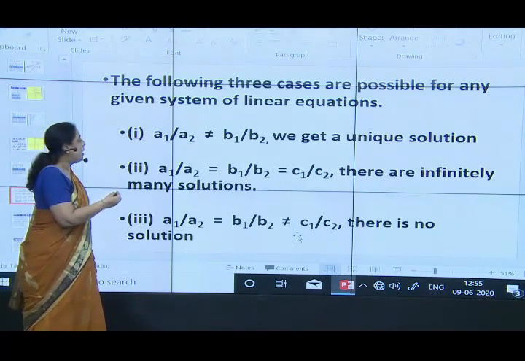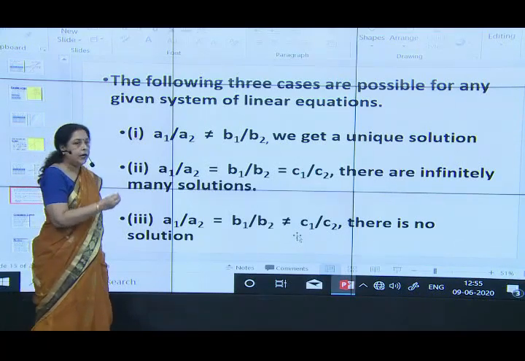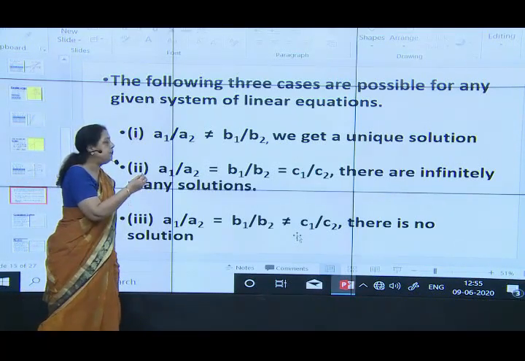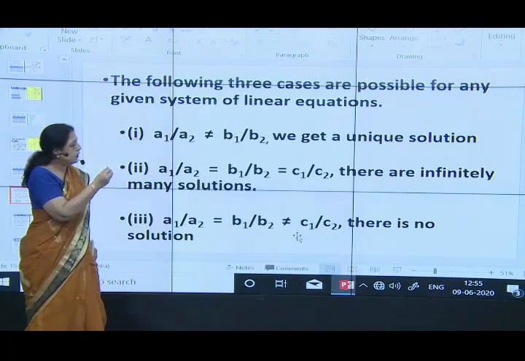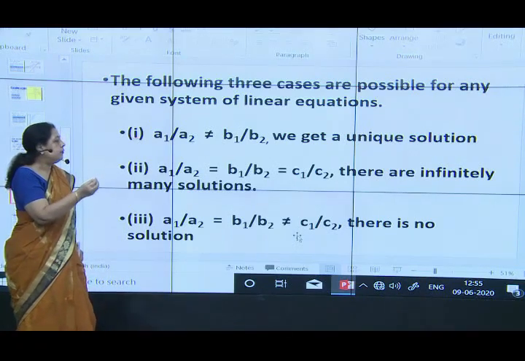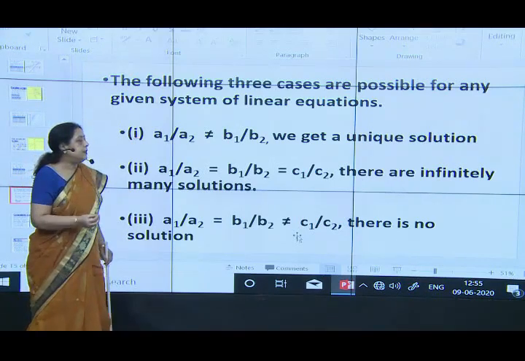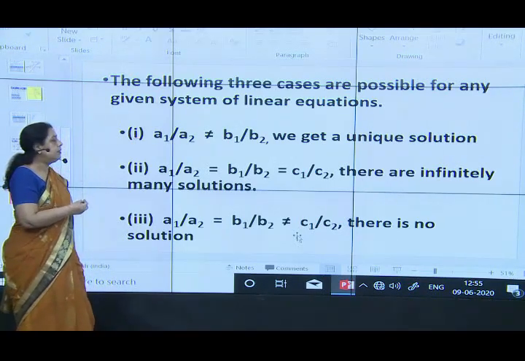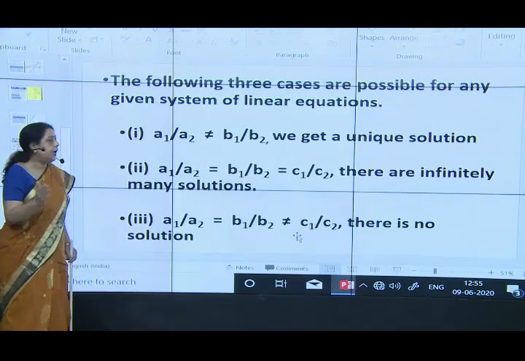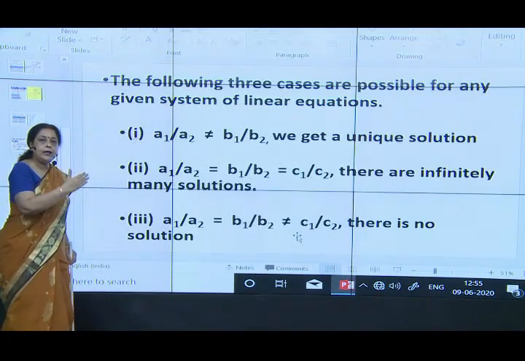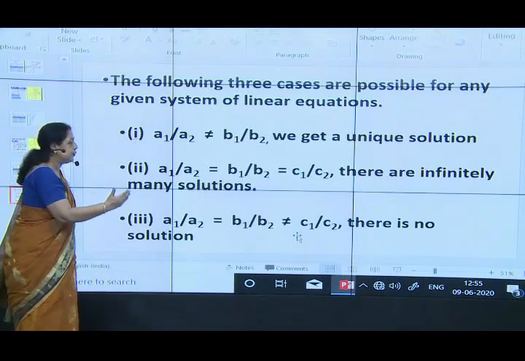If a1 by a2 equal to b1 by b2 equal to c1 by c2, then the lines are coincident, and we get infinitely many solutions.